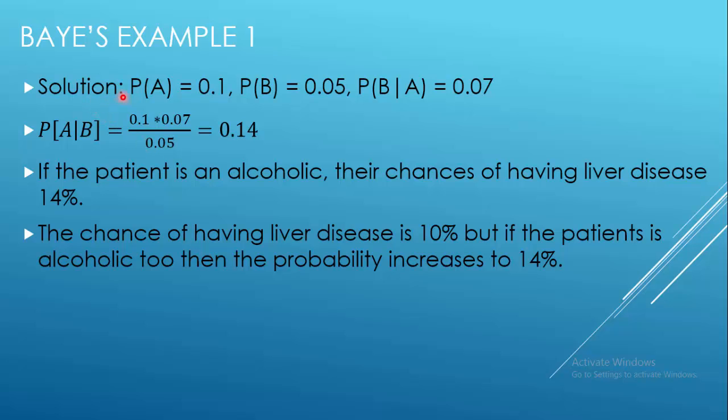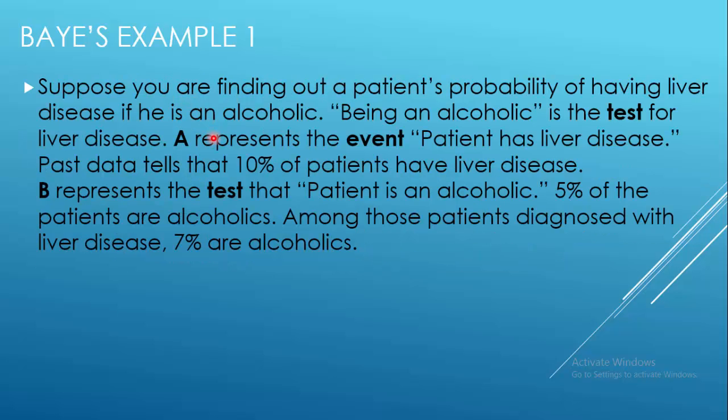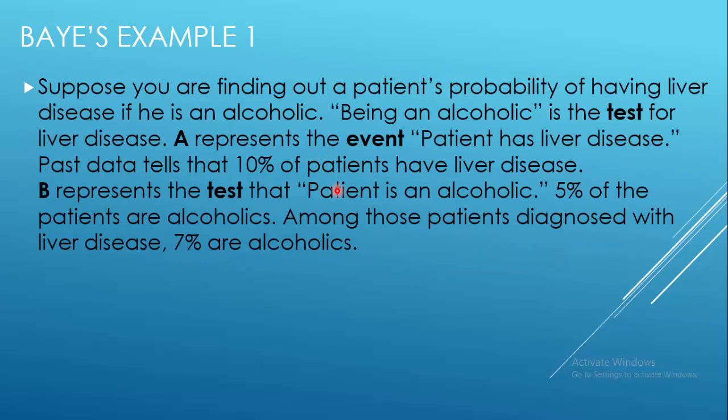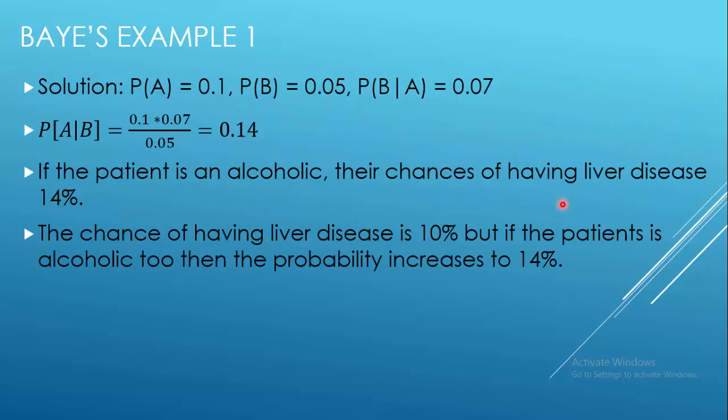So probability of A is 0.1 because we know that patients who have liver disease are 10%. So P of A is equal to 0.1. And probability of B is 0.05. Patient is an alcoholic is 5%. So that is P of B is equal to 0.05.